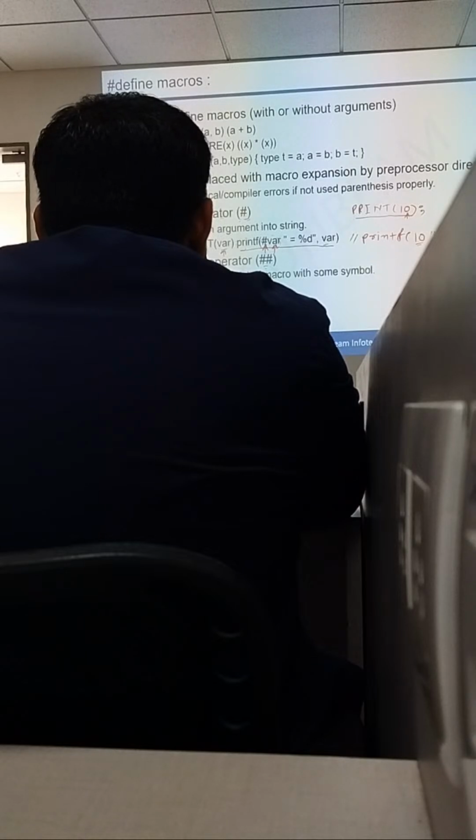And how does it operate? It will simply concat the values passed to it as a string. Just as we perform a concatenation operation within a string, just like that it will concat the values passed to it.